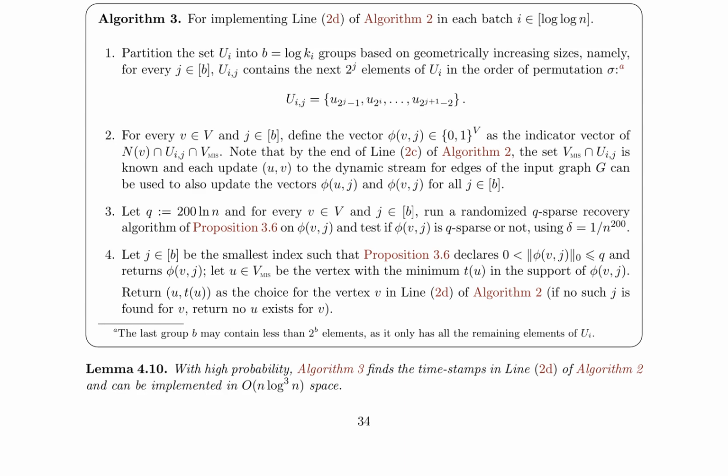Lemma 4.10 states that algorithm 3 finds the timestamps in line 2d of algorithm 2 with high probability and can be implemented in (o) n log cubed n space. The analysis of algorithm 2 relies on a combination of greedy and probabilistic techniques to bound the space complexity and find the timestamps. The use of sparse recovery algorithms and indicator vectors enables the efficient implementation of the algorithm.